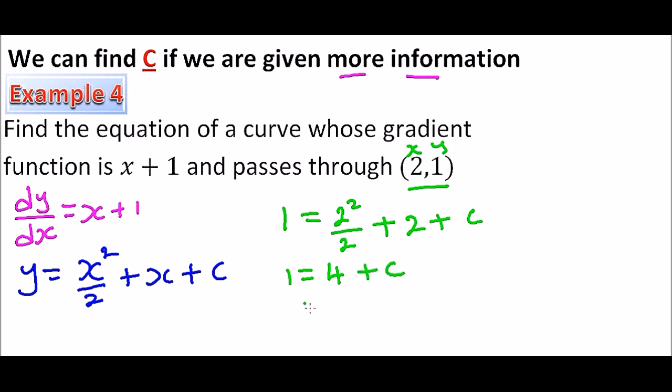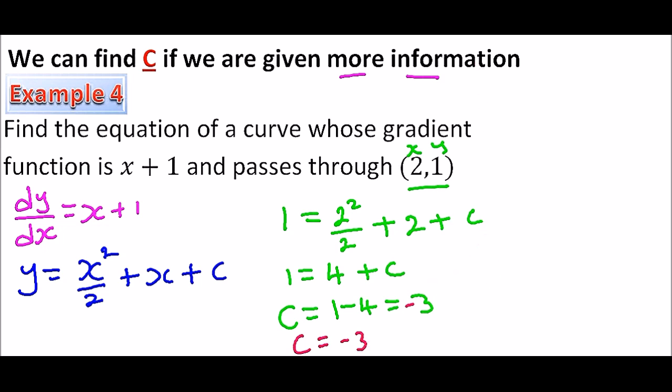So we take 4 to the other side, we have c is equal to 1 minus 4, which is equal to minus 3. This means that our c is equal to minus 3.